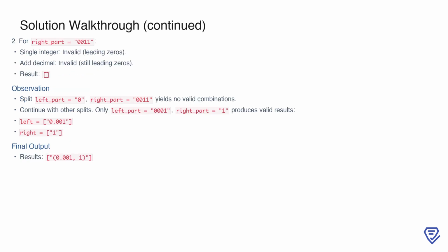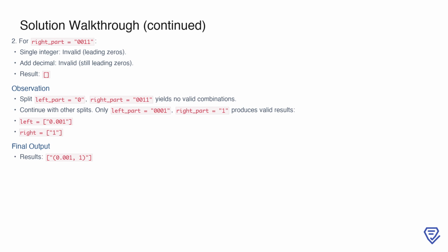Looking at the right part 0011, we attempt to generate valid numbers. However, as a whole number, it's invalid due to leading zeros. Similarly, adding a decimal still results in numbers with leading zeros, which are not allowed. Therefore, the result for 0011 is an empty list. This means the split 0 and 0011 doesn't yield any valid coordinate pairs.